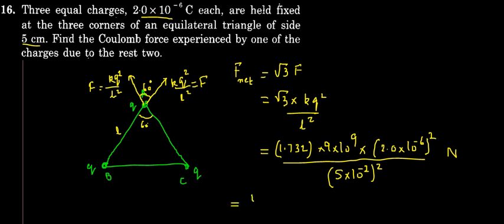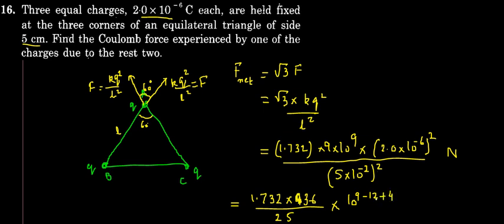So this is 1.732 times 9 times 4, since 2 squared is 4 and 9 times 4 is 36. In the denominator we'll get 25, and let's put the powers of 10 separately: 10 to the 9, minus 12, and plus 4.